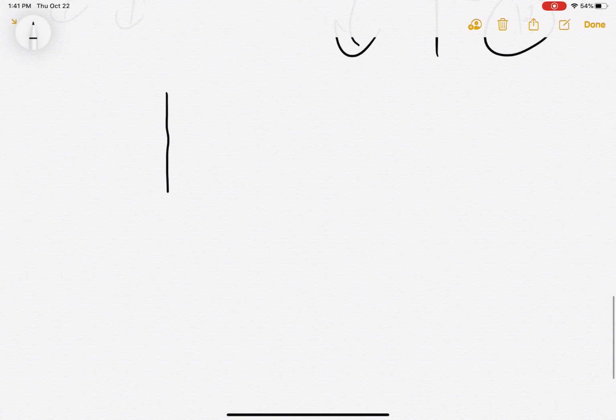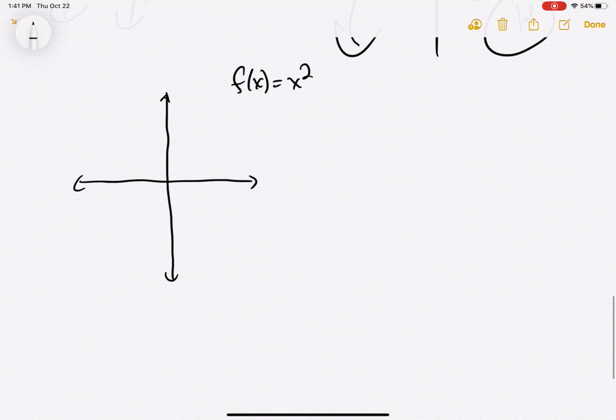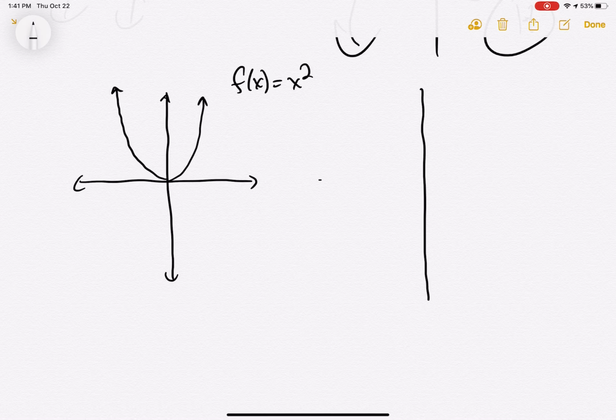Traditionally though, we would really like it if we had f of x equals x squared, which looks like our parabola. We traditionally think of the inverse of squaring being the square root.